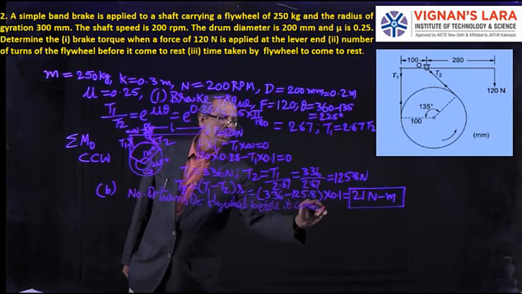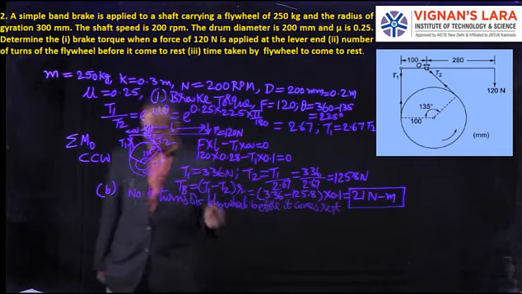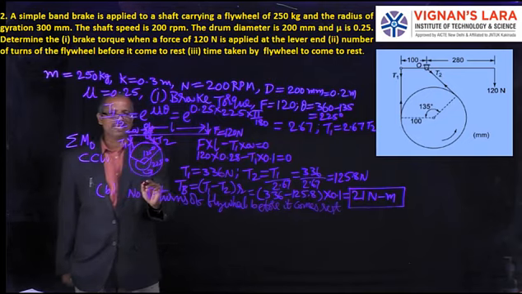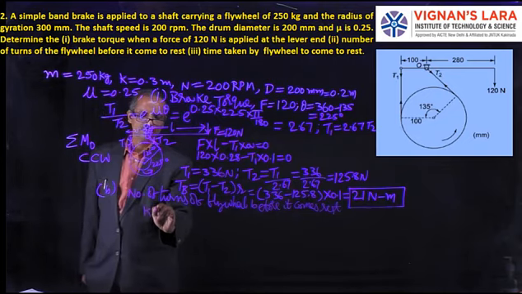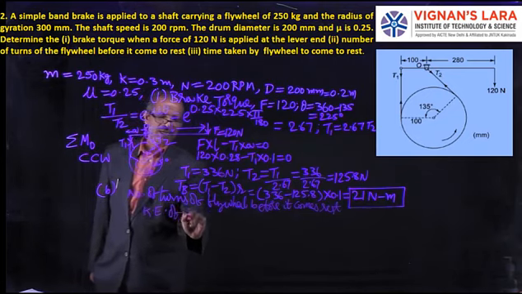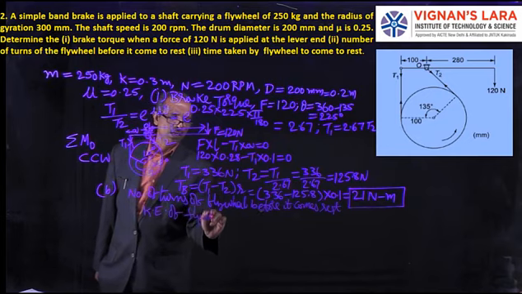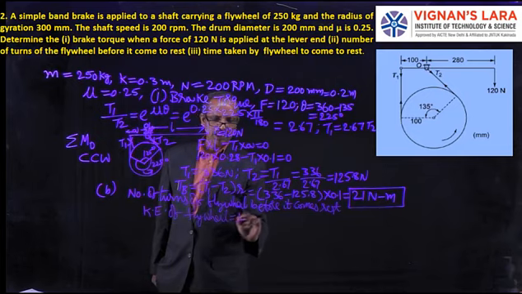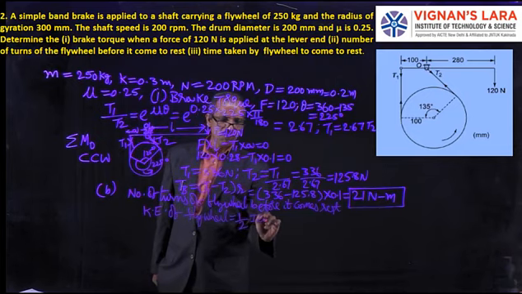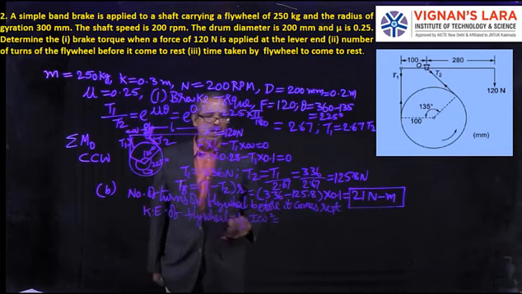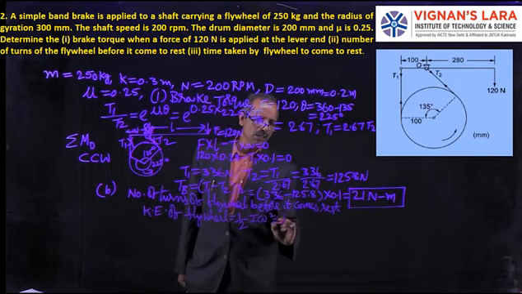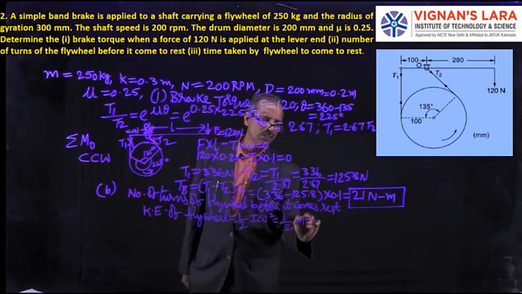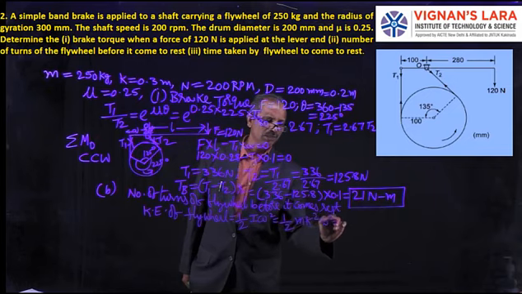So the kinetic energy possessed by the flywheel, that is KE of flywheel, is half I omega square. This equation you are aware of from the basic fundamentals. I is m k square, so half m k square omega square.